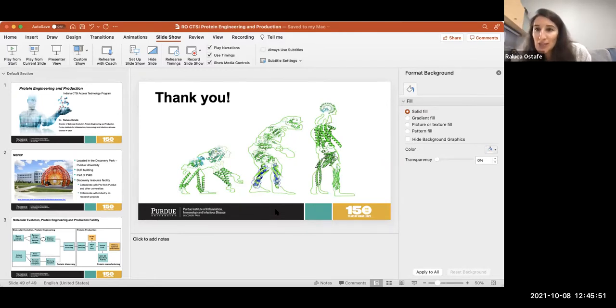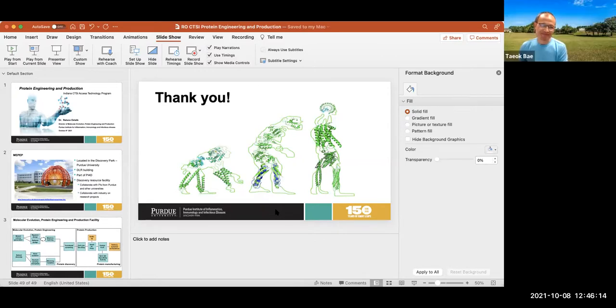But the amount of mutations per gene is dependent on each protein. Some proteins can tolerate a higher load of mutations versus some cannot. So it is again protein dependent. In most common cases, we have around 3 to 5 amino acid mutations per gene. Okay, great. Thank you. Welcome.